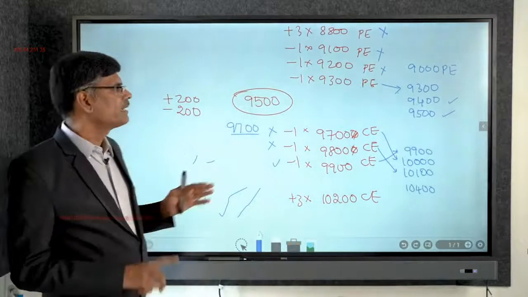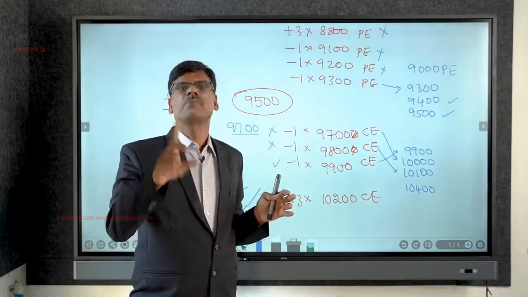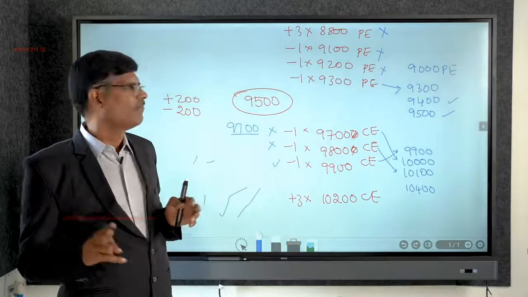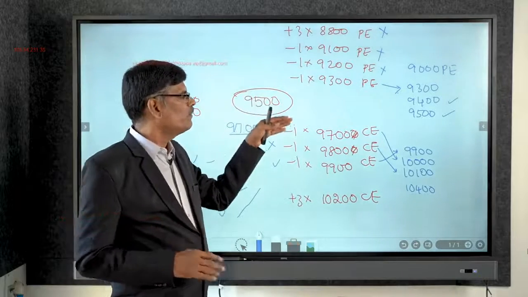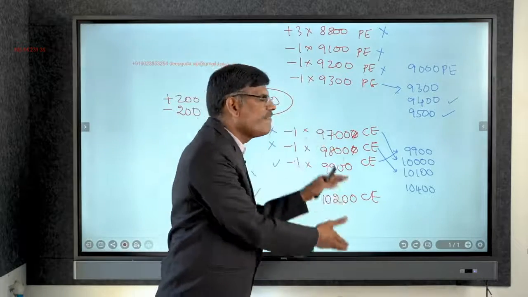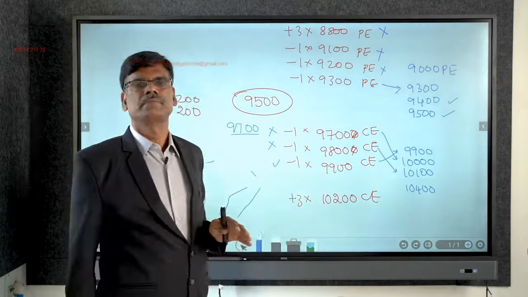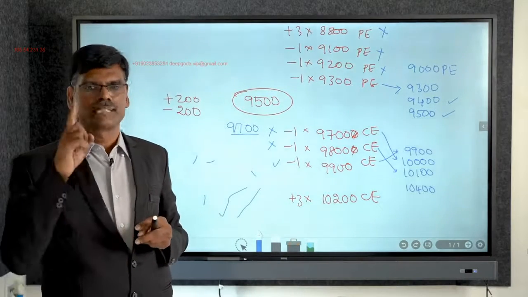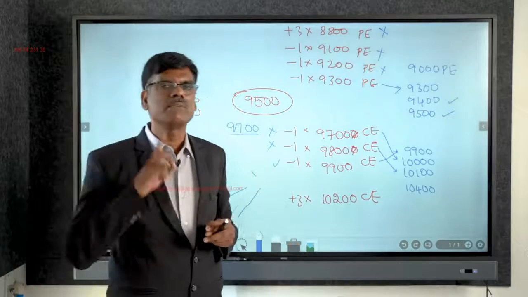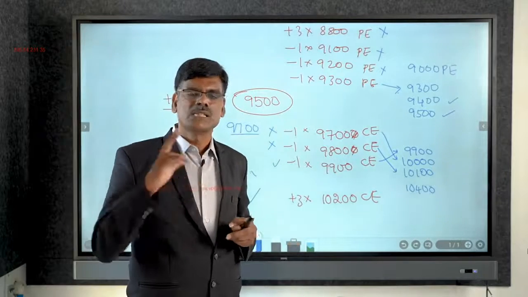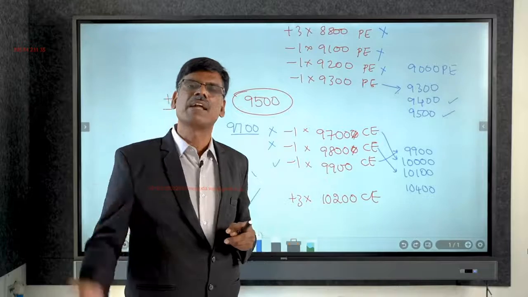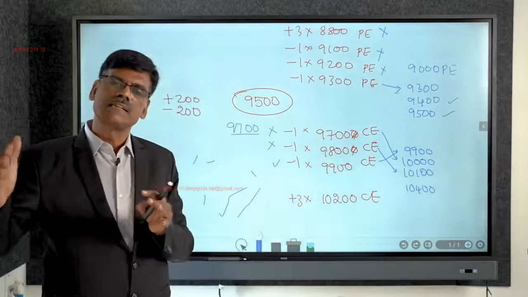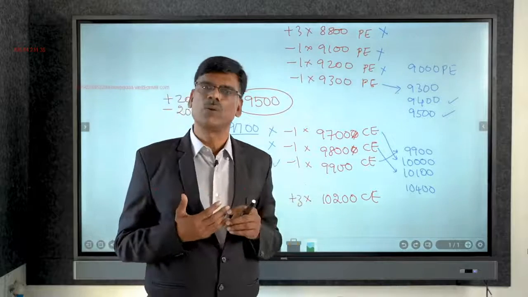And then after that, first time you wait for the market to move 200 points up or down, and then once it moves, you have to shift everything 200 points. Second time onwards, you have to start shifting everything for every 100 points. Sometimes shifting happens on the higher side, sometimes on the lower side.